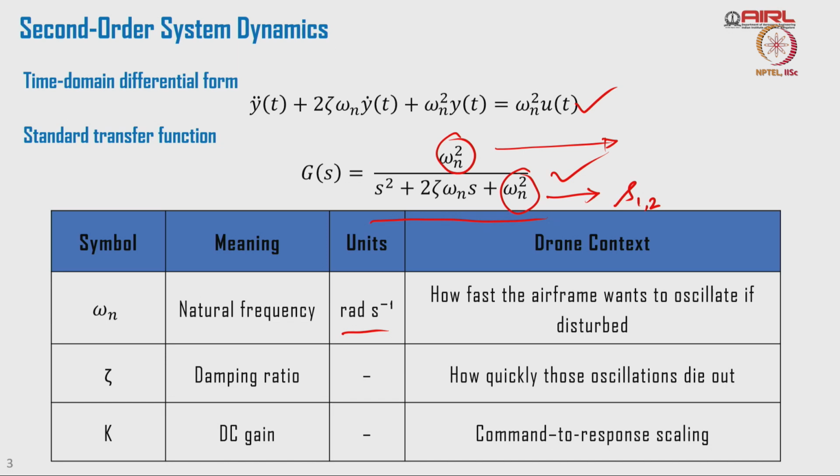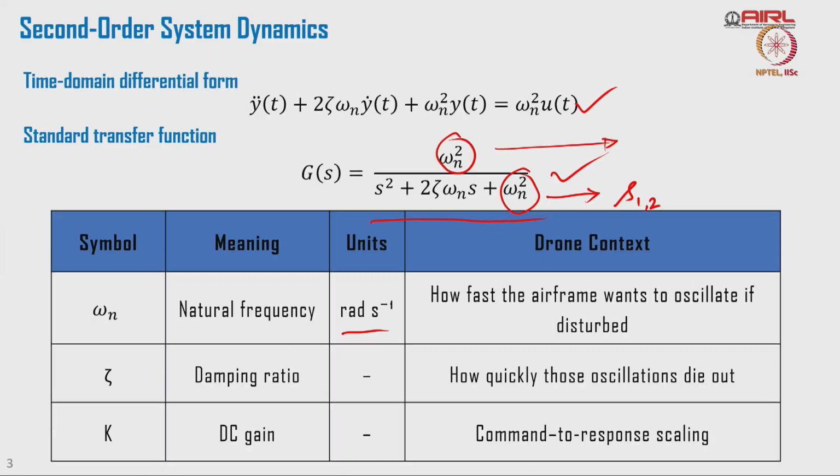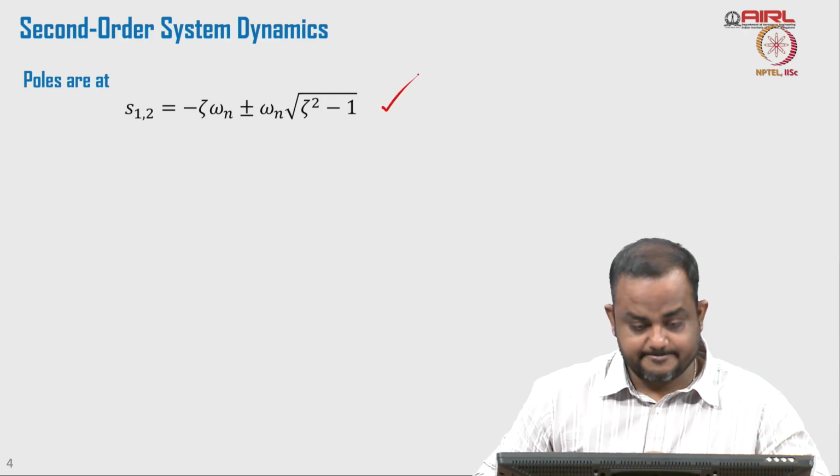Tuning zeta can give different levels of oscillation or no oscillation. So, the value of zeta is very important, and k is a DC gain, if it is used. So, what are the poles? I have told here that there are 2 poles, s1,2, if we solve the equation. So, the poles look like this, right.